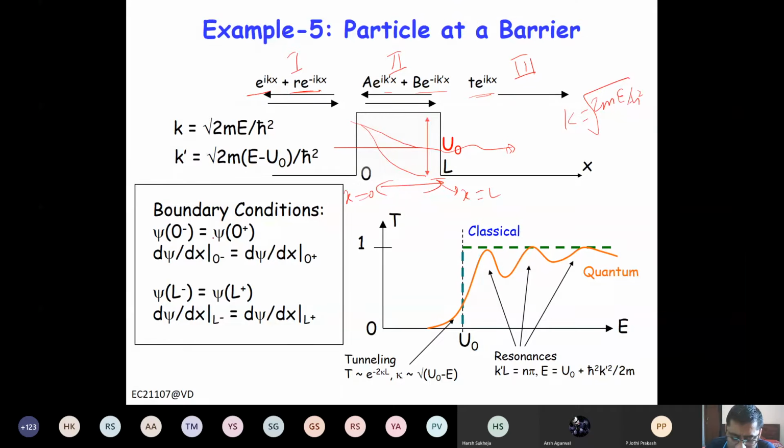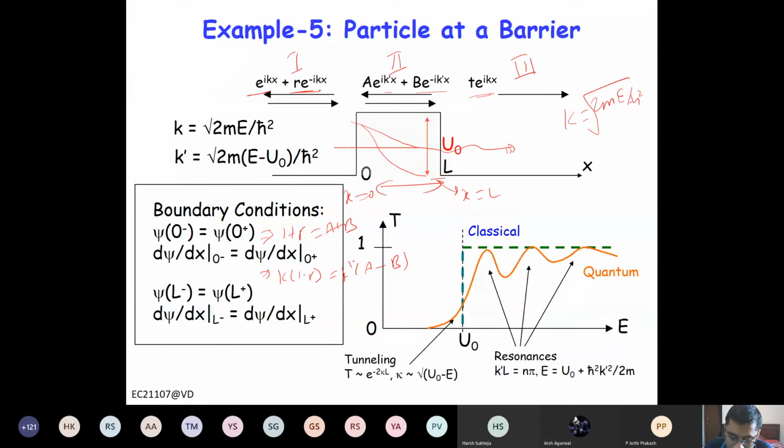So if you apply the boundary condition at x equal to 0, what do you get? 1 plus R, in region 1, is equal to A plus B, and the derivative gives K times (1 minus R) is equal to K prime times (A minus B).